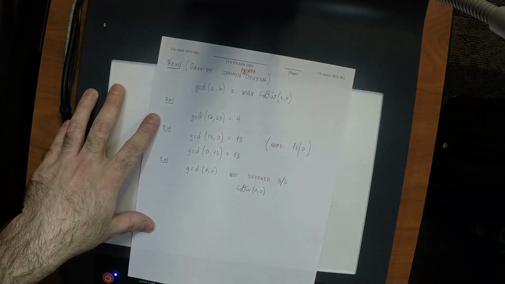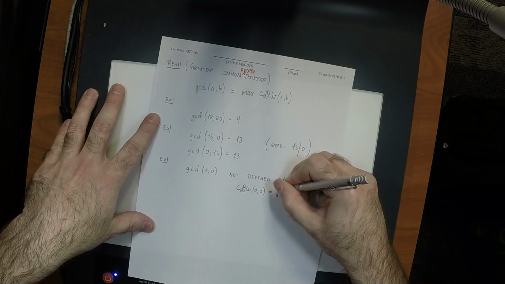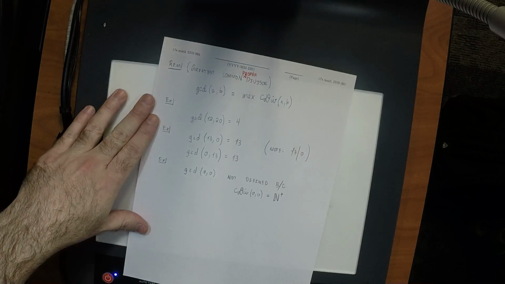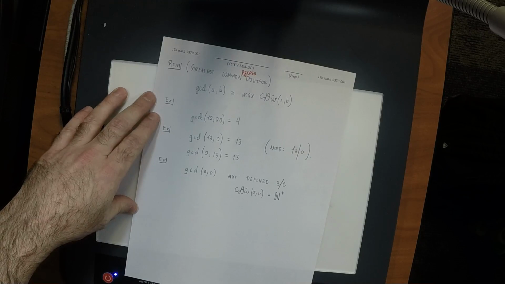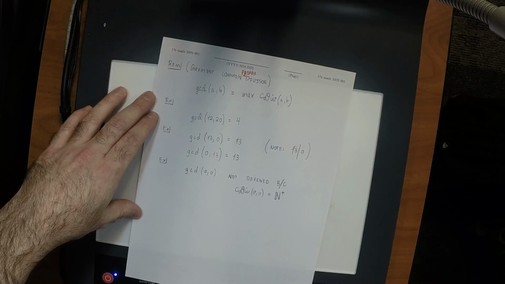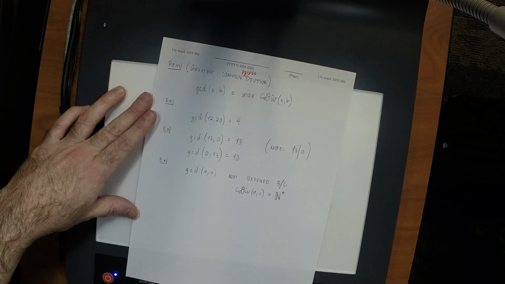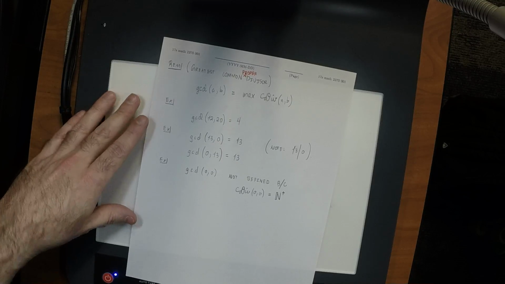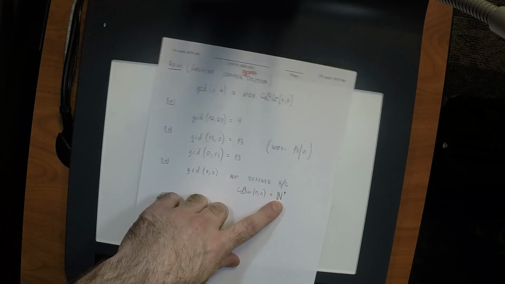It's the positive integers. And then what is the maximum integer? Infinity is not an integer. I agree it compares greater to all of them, but it's not an integer. So the fact that there is no maximum means that the greatest common divisor of 0 and 0 is not defined.